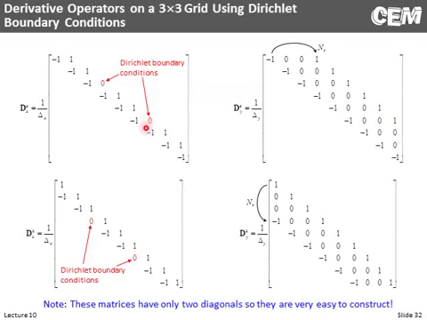Now for the x direction derivatives, the diagonals are right next to each other. But for the y direction, they're separated, depending on how large our grid is. If the width of our grid has big NX cells, that's how many columns we'll move over before we insert our second diagonal. And for the derivative, we go down by rows, and we go down by big NX rows before we insert the second diagonal.